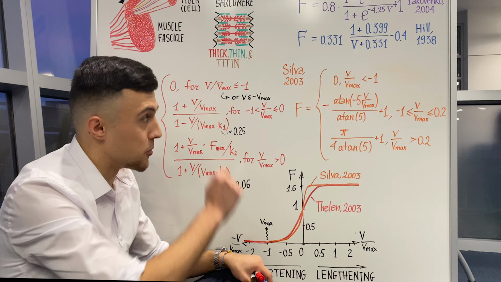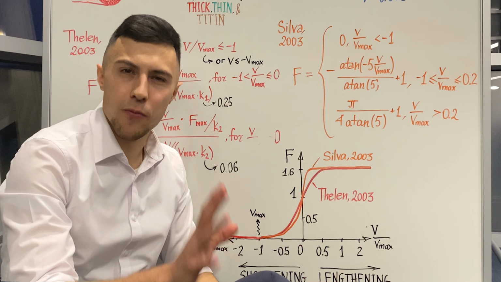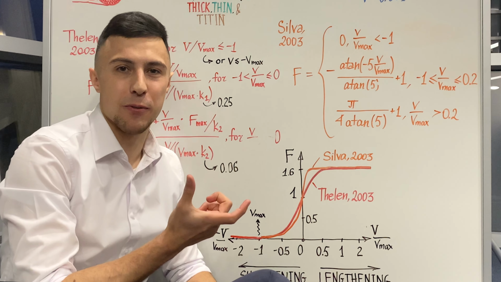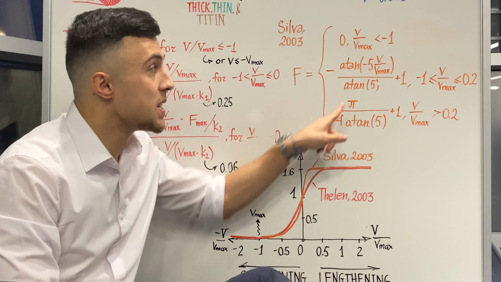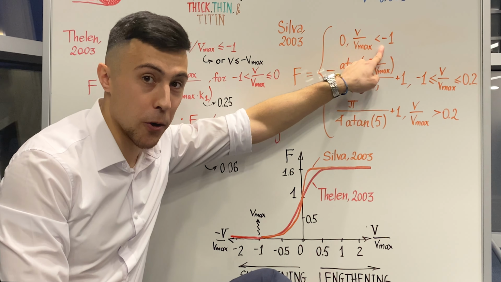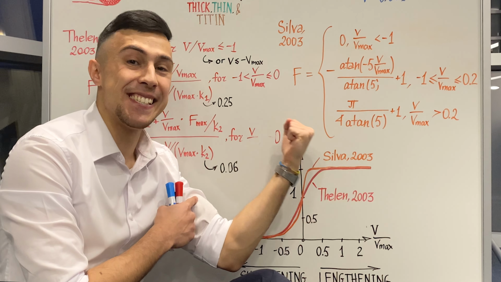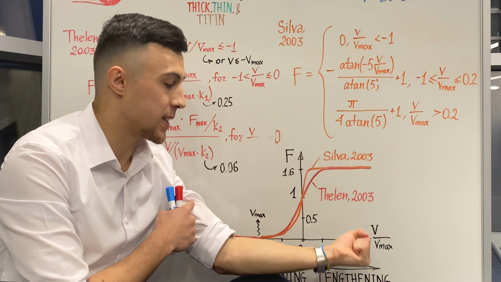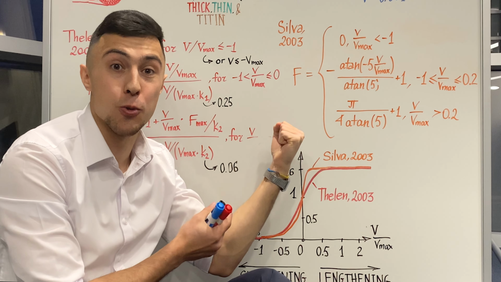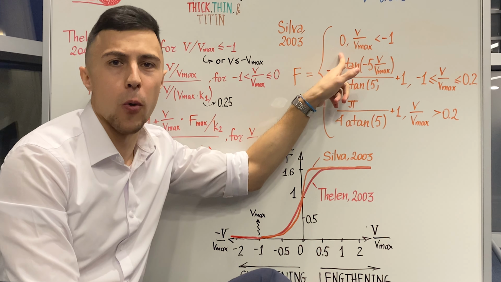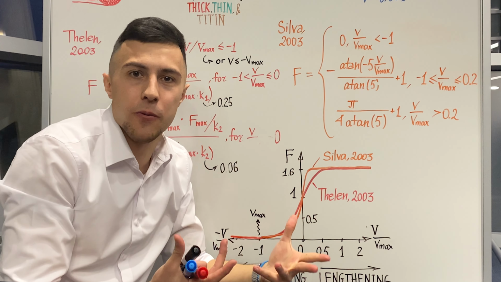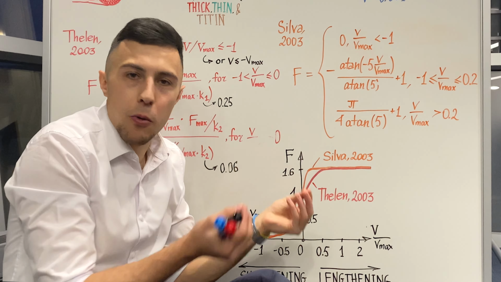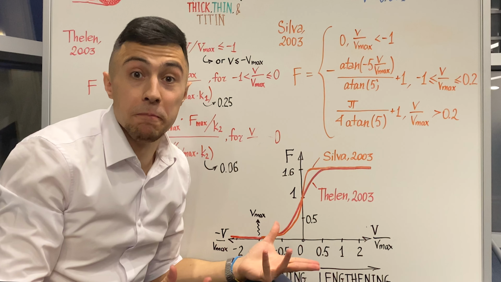Now let's talk about Silva's equation. Silva described force-velocity relationship slightly differently, but used the same strategy. So for the velocity smaller than maximal concentric contraction velocity or the maximal velocity of muscle shortening, we'll be again setting force to 0, because that's what we observe physiologically, right? The cross bridges are just not on time to form.